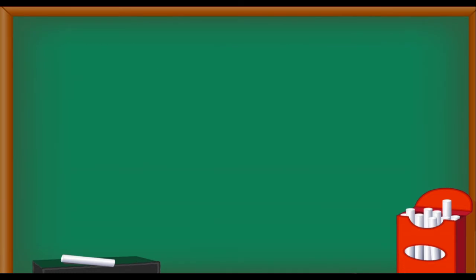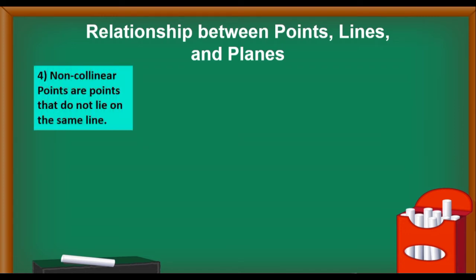And then another is what we call the non-collinear points. Kung kanina ang collinear nasa iisang line, sabi dito non-collinear. So that is, non-collinear points are points that do not lie on the same line. So ano po example? Yung point E, F, G, sila ay collinear. Pero since may point D at wala siya sa iisang line, so non-collinear.